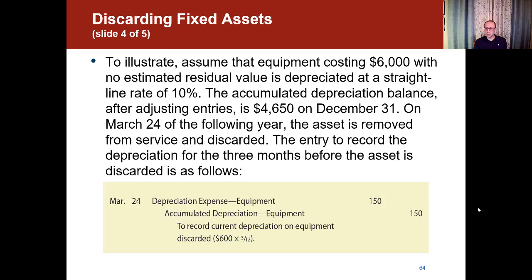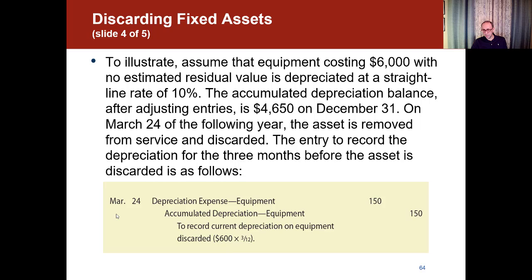What was the original cost of the equipment? It was $6,000. We multiplied by 10%, which is the straight line rate of depreciation, multiplied by 3 over 12, and that would be $150. So we're going to do a regular depreciation expense adjusting entry, yet it's going to be a little bit sooner than the end of year.